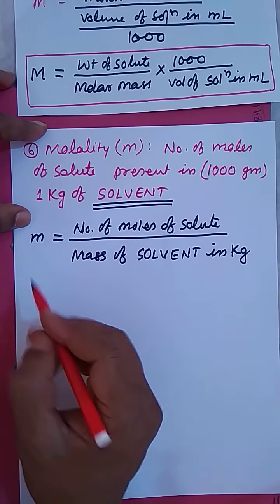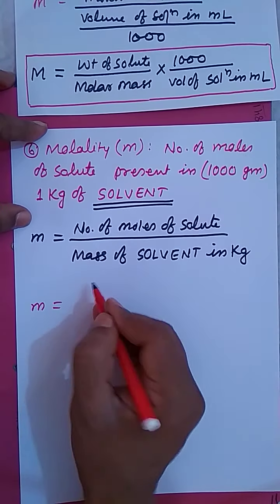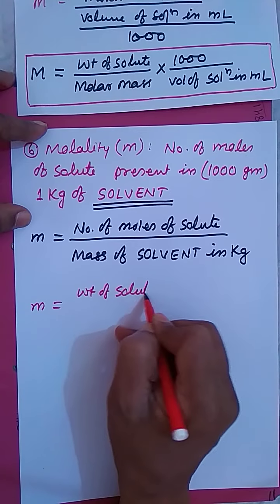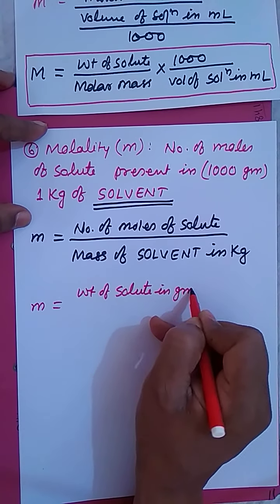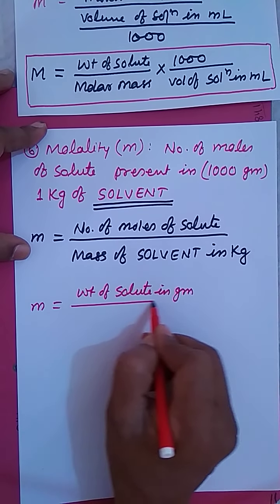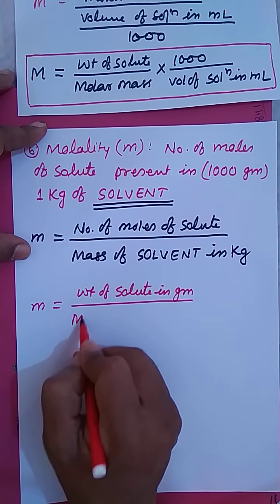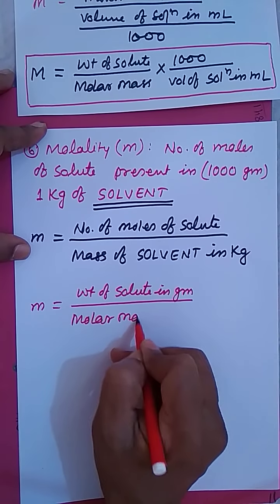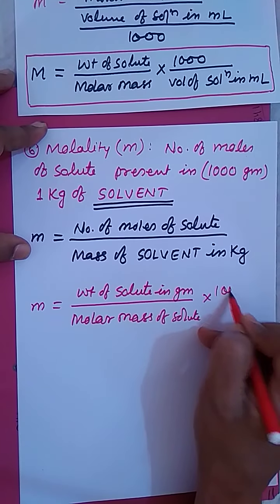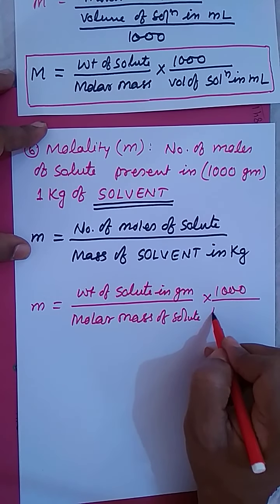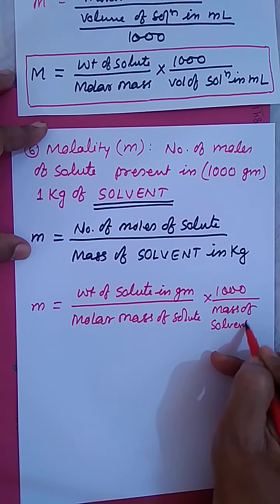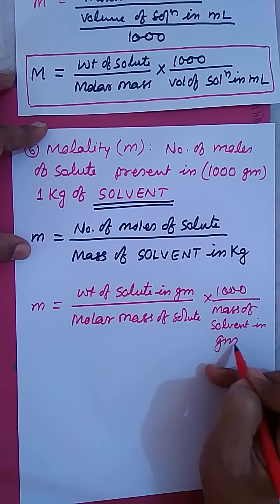And in similar way you can write m is equal to weight of solute in gram upon molar mass of solute multiplied by 1000 upon mass of solvent in gram.